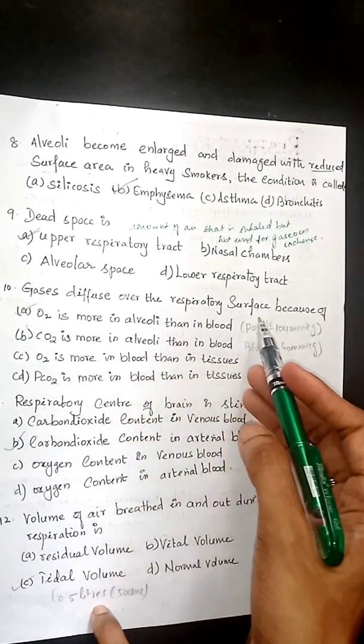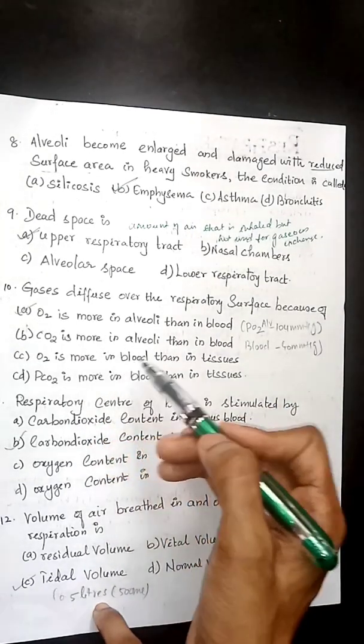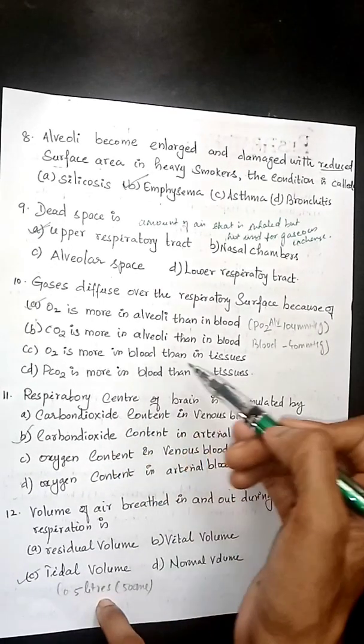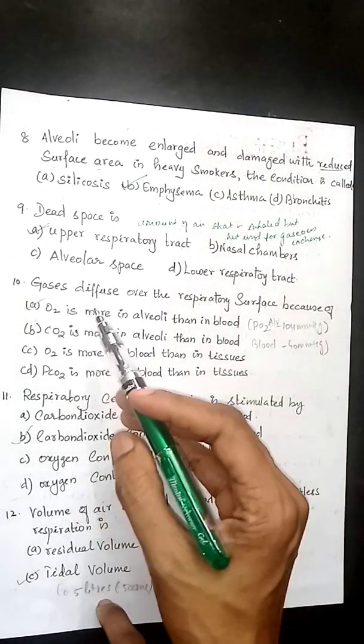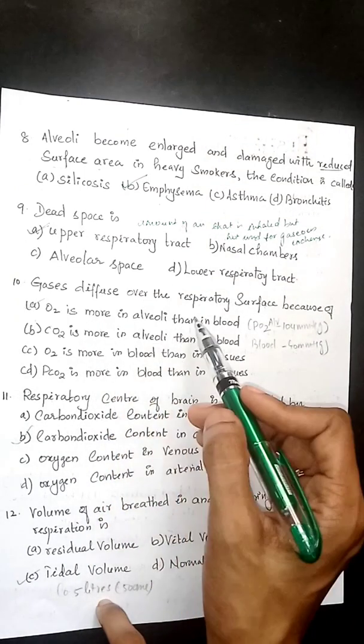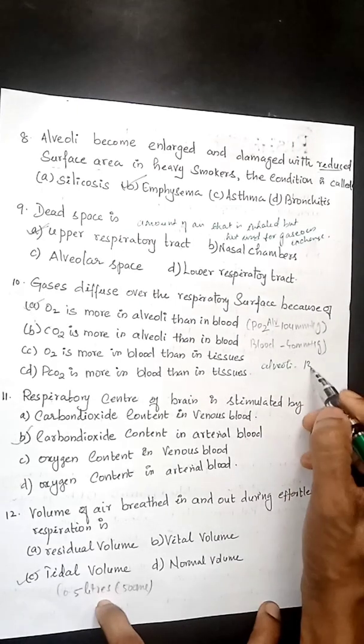Gases diffuse over the respiratory surface because oxygen is more in alveoli than in blood, carbon dioxide is more in alveoli than in blood, oxygen is more in blood than in tissues, and partial pressure of carbon dioxide is more in blood than in tissues. So how does the gas diffuse over the respiratory surface, that is alveoli and blood capillaries?